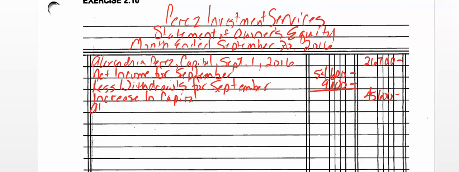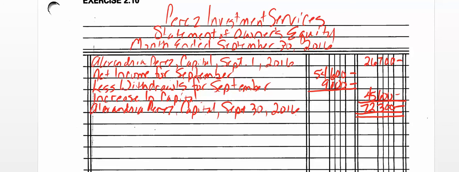So this will be Alexandra Perez, Capital for September 30th, 2016. Single line here because we're going to add the two numbers together, and we're going to have 72,300 as our new owner's equity. That's a total. We double line that with our super straight ruler, and that number will be used in our new balance sheet.